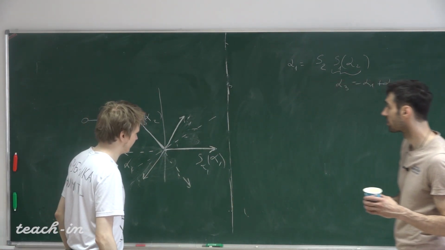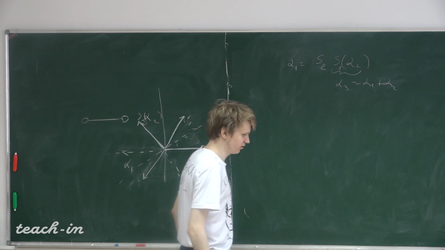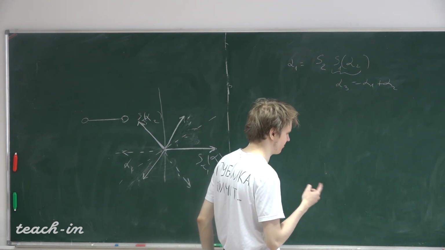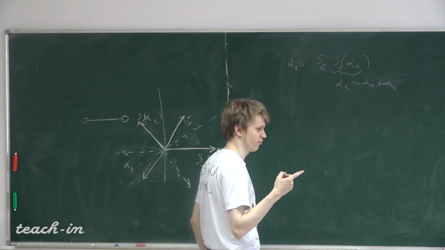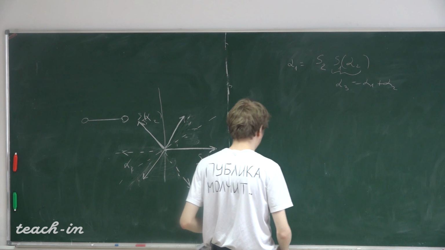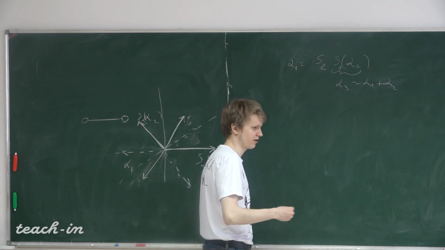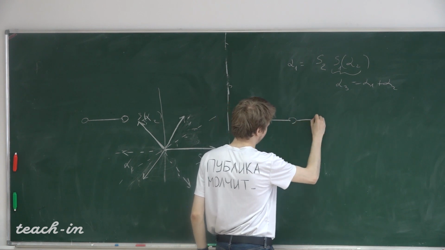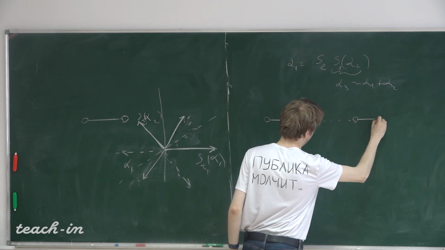Now we have the second part, which is to prove that in a reduced root system, the Weyl group acts transitively on the set of roots of the same length. To prove this, we just remember the classification theorem. So we have the following options.